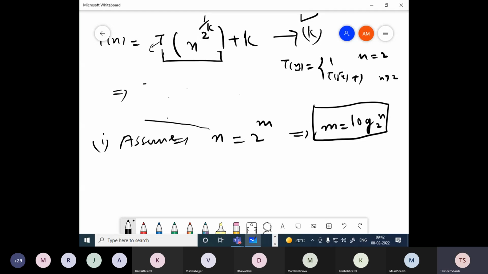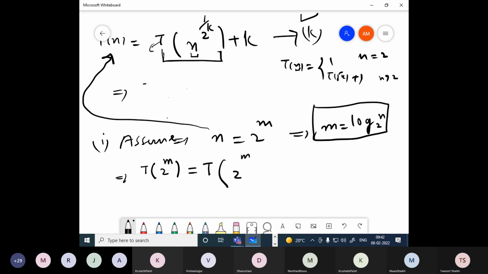So if I substitute this value n is equal to 2 power m in this equation, what I will get in place of t n will be t of 2 power m. Here you see this is n. N will be equal to 2 power m, means in place of this n we have to write 2 power m, and it already has the power 1 by 2 power k.